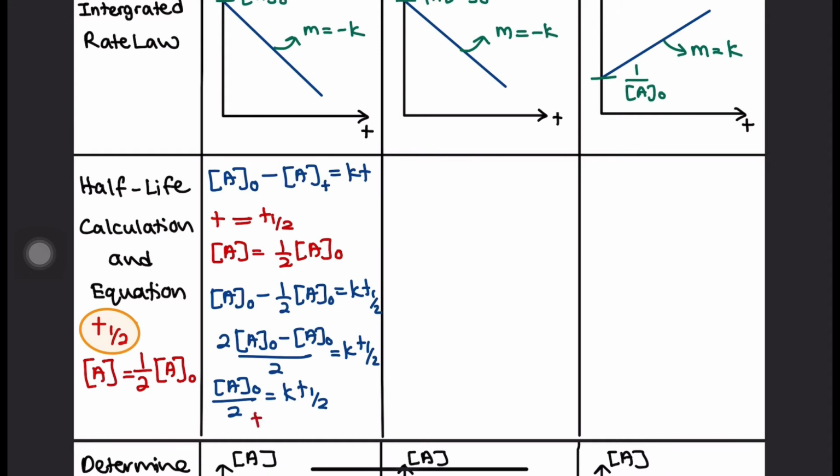Finally, the half-life equation for zero order would be t-half equivalent to initial concentration divided by 2k.